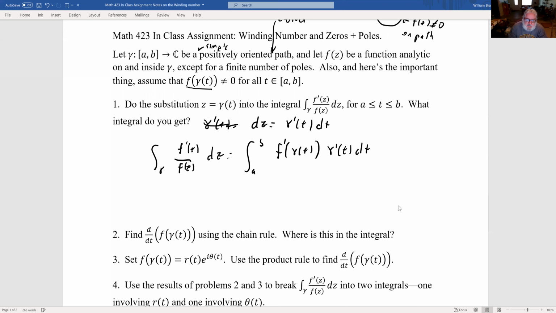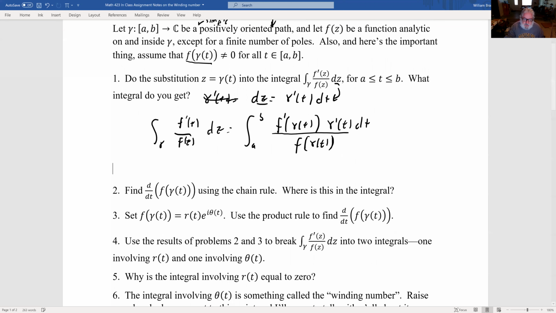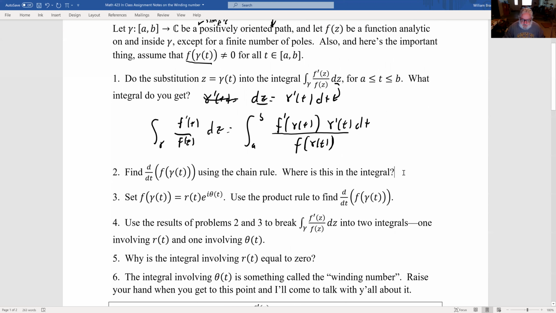I forgot the dt there. Over f of gamma of t. And so that's our integral that we get. Nothing hugely fancy there.